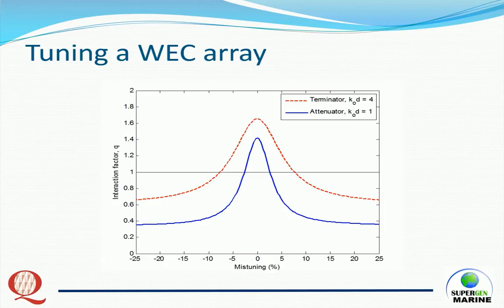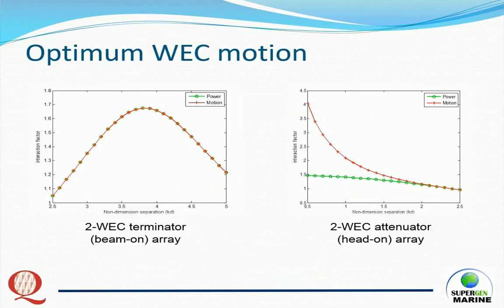This is another thing we looked at in terms of optimum motion. Again, a lot of times array models will assume that there are no motion constraints, because they allow rapid estimation of performance if you don't add those sorts of complexities to the model. Here we found that in the terminator array, two devices side by side, the interaction factor and power factor go up and down together pretty much in sync with the non-dimensional separation, so as you move them further apart.